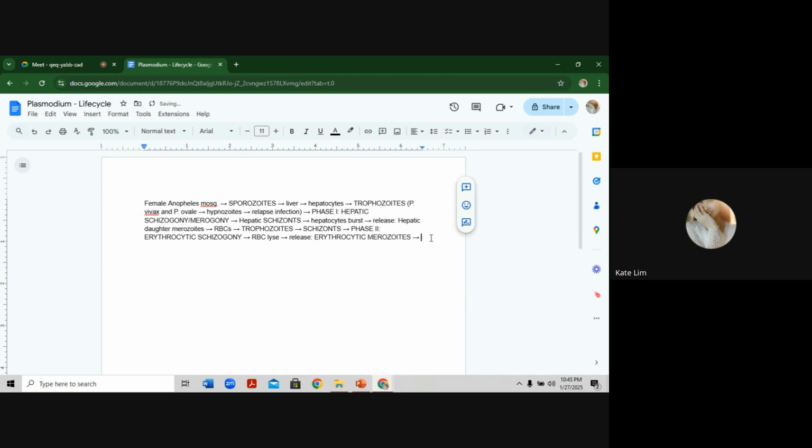In here, some of the erythrocytic merozoites would transform to become the trophozoites, and these trophozoites will no longer mature to become schizonts. So they would undergo the sexual phase of the parasite's life cycle, and that would be the gametogony, which is the phase 3 of the human life cycle.